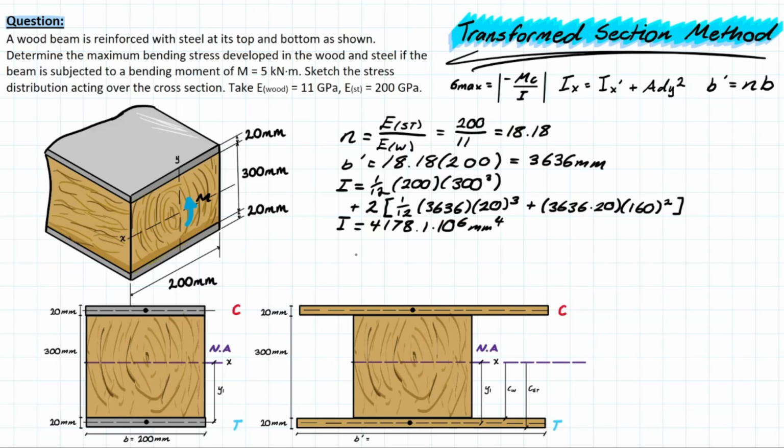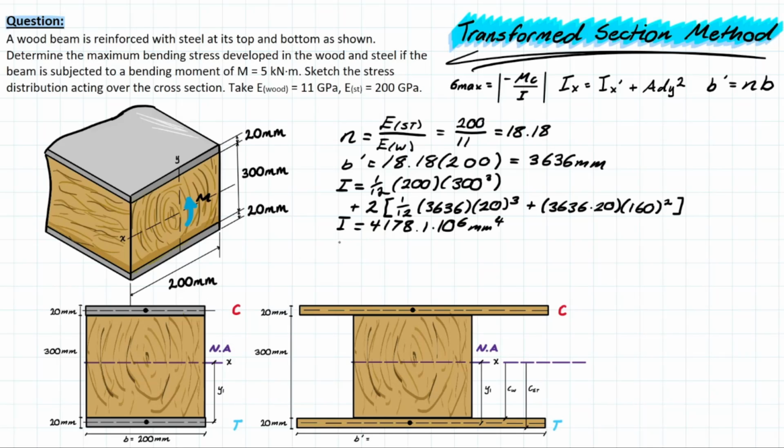Now we can start solving for what our unknown stresses are. And we need a couple of different ones in order to be able to sketch the stress distribution. This first one that we should be going for is this top stress at the tensile fiber or the compressive fiber of the steel section.